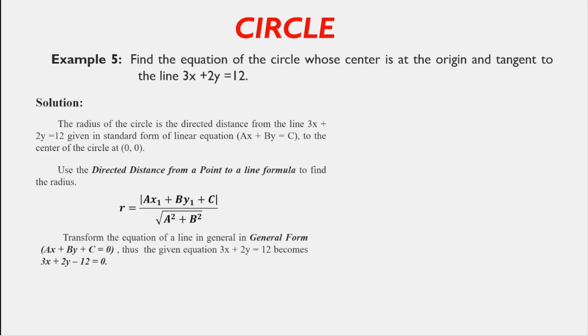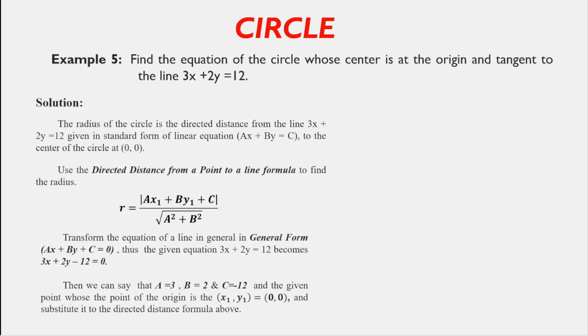Thus, the given equation 3x plus 2y is equal to 12 becomes 3x plus 2y minus 12 is equal to 0. We can say that our a is 3, our b is 2, and our c is negative 12. And the given point, which is the origin, is our x sub 1 and y sub 1, which is 0 and 0, and substitute it to the directed distance formula above.